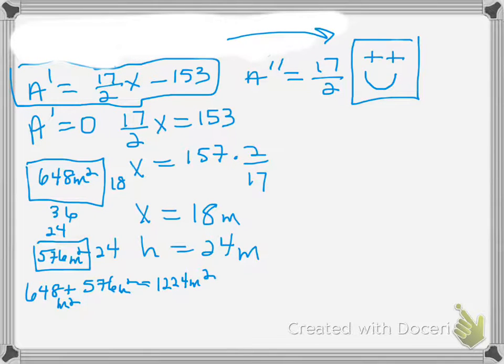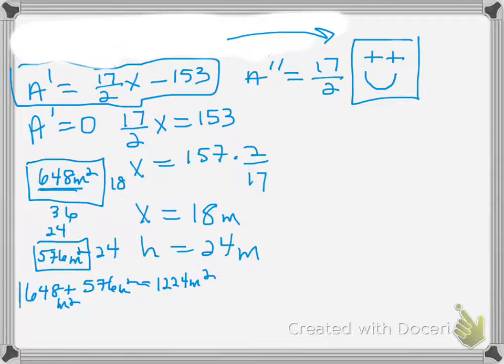Okay, so I've done some calculating here. Using the measurements we just got when we did this optimization, we would have a rectangle of 18 by 36, which would give us an area of the rectangle of 648 meters squared, and we would have a square of 24 by 24 meters, which would give us an area of 576 meters squared.